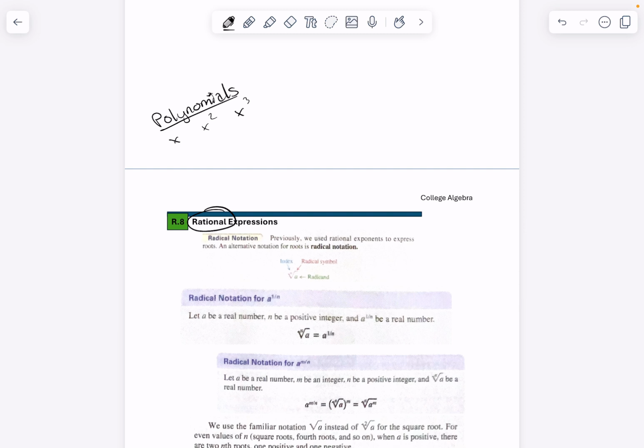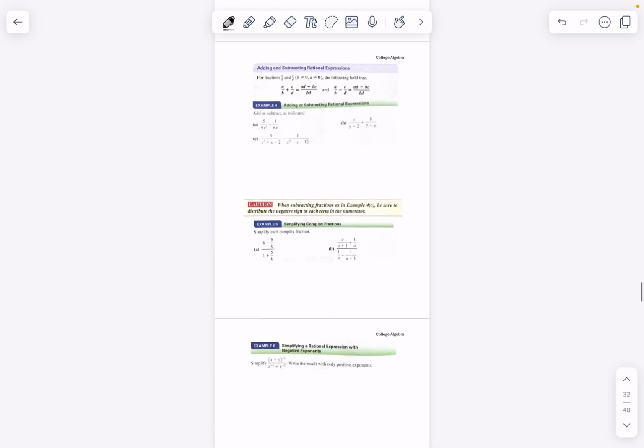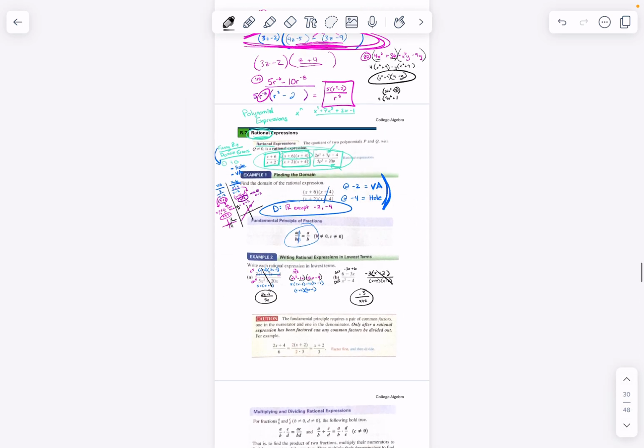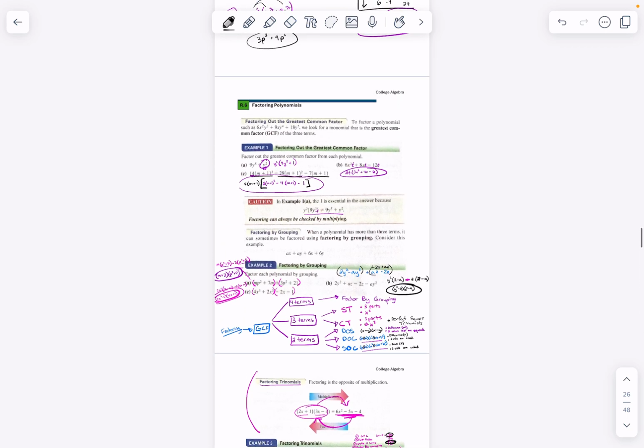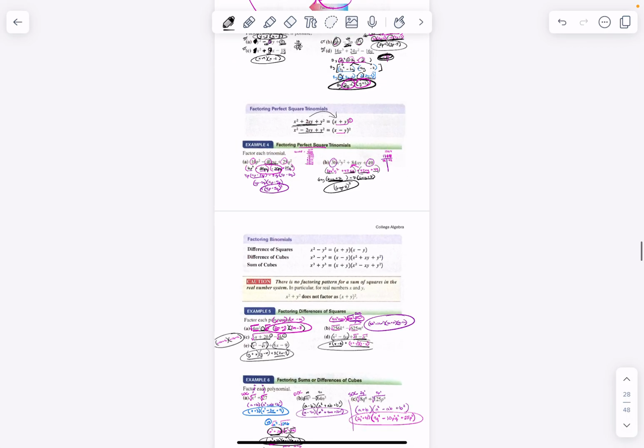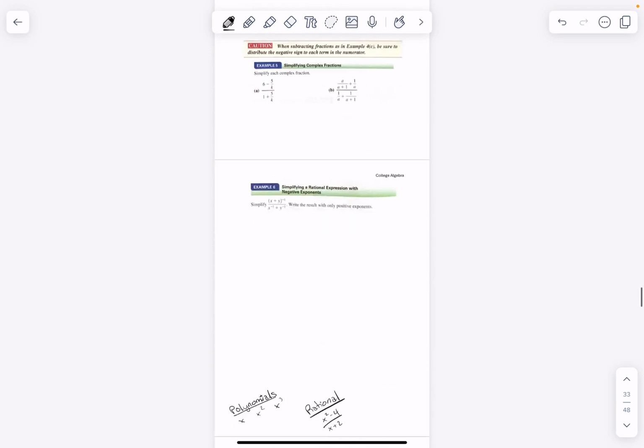Then we switched to rational expressions, like x squared minus 4 over x plus 2, and we were reducing, because we had a numerator and a denominator. Polynomials were mostly before that, and factoring polynomials. Those are the two main things we've done so far.